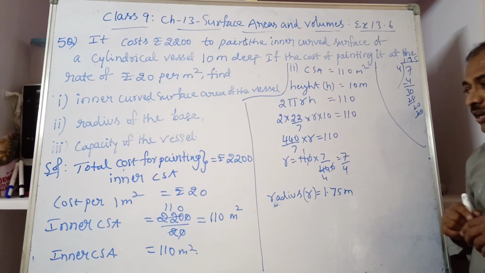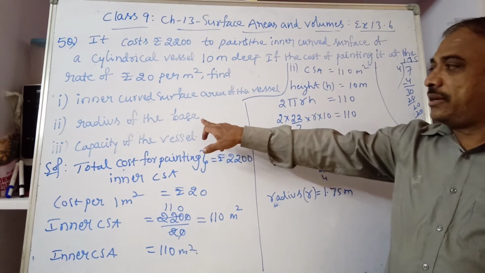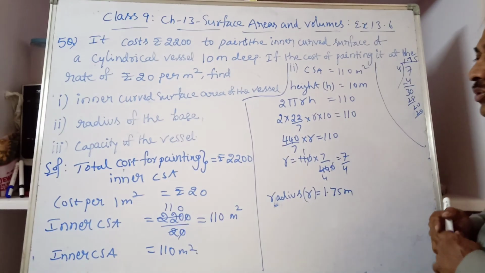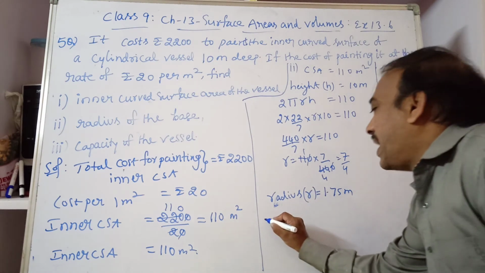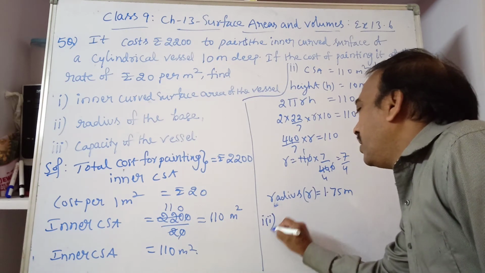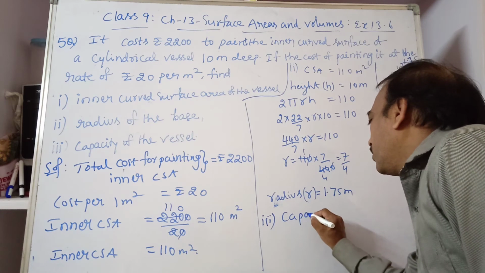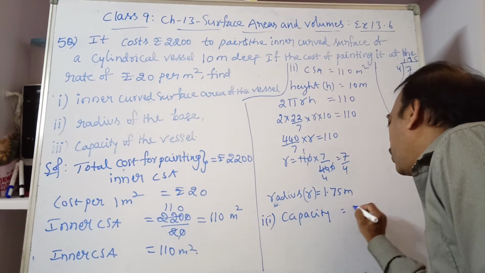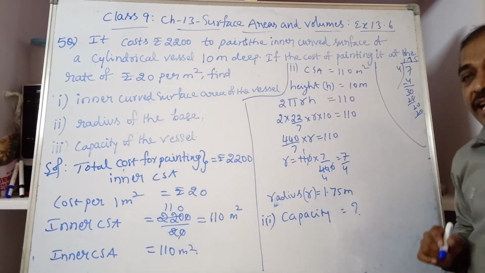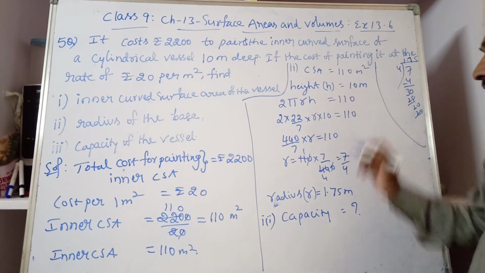We got the second answer, the radius of the base. Now we have to calculate the third one, capacity. For that, first you need to calculate the volume of the vessel.